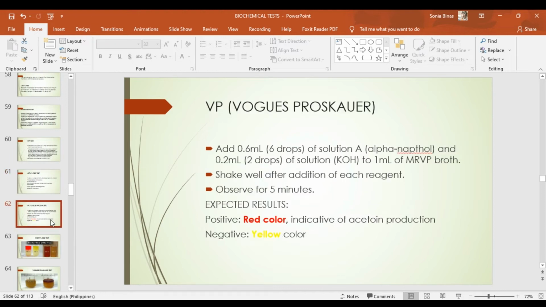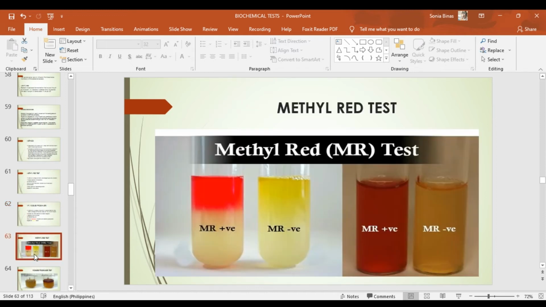So, sa VP naman, same lang sila ng color reaction. So, sa Voges-Proskauer, the positive reaction will produce a red color, indicative of acetone production. But the negative result will produce yellow color.